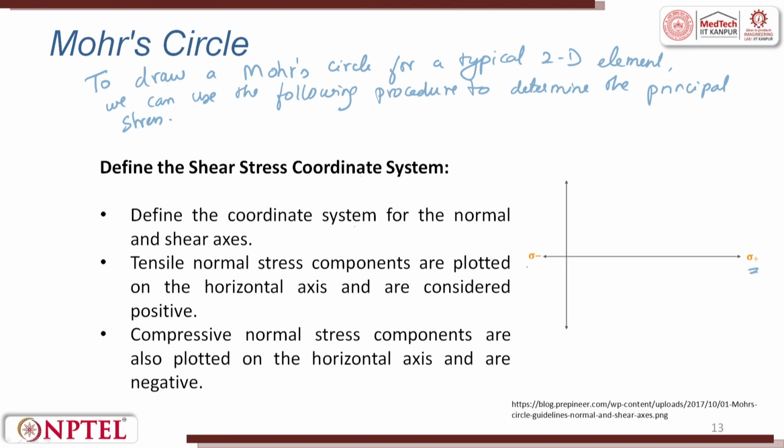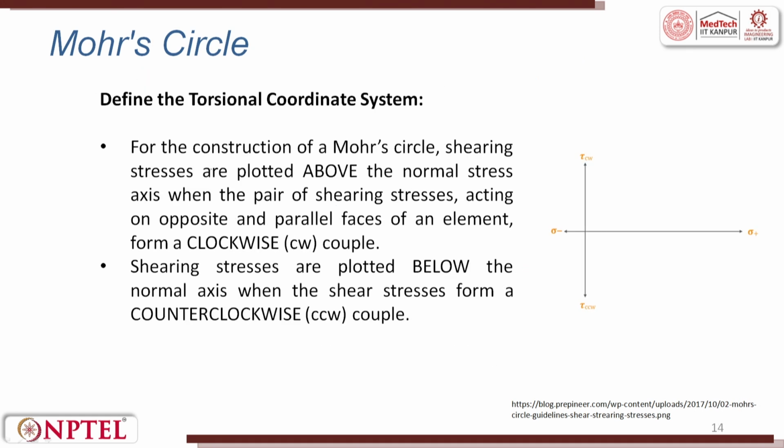So, positive, negative. For the construction of a Mohr circle, shear stress are plotted above the normal stress axis when the pair of shearing stresses acting on opposite and parallel faces of an element forms a clockwise couple.